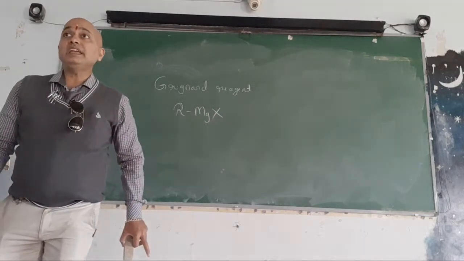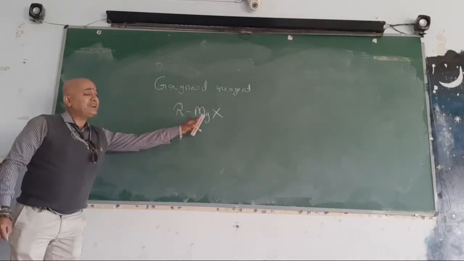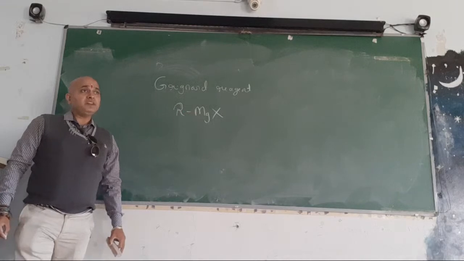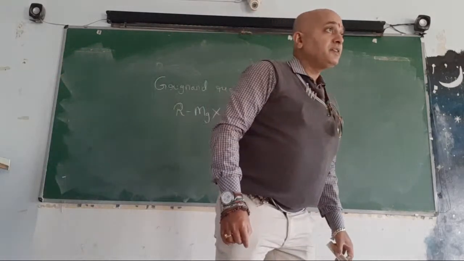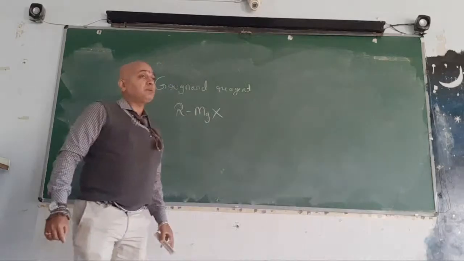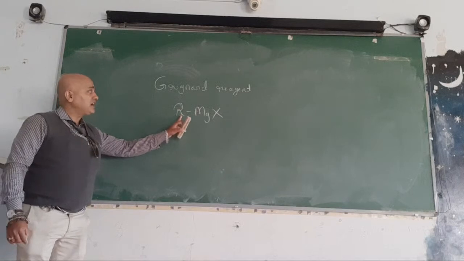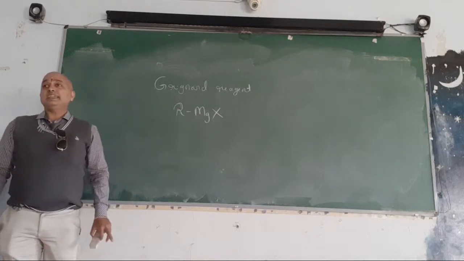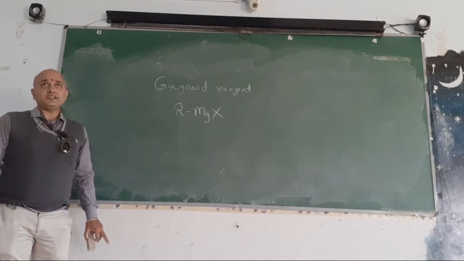Carbon-metal linkage is one of the rare interactions we can see in nature. Very often we will not see a carbon-metal linkage, so this is one of the examples where we have it. That's why we have the Grignard reagent.